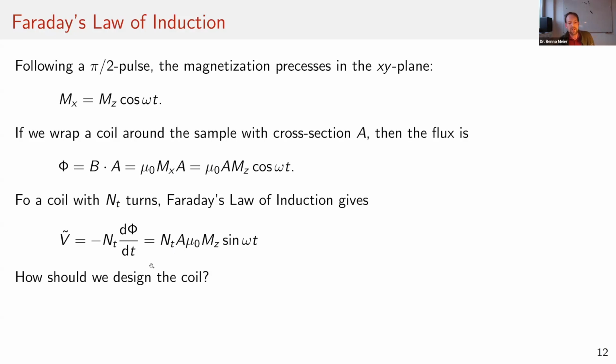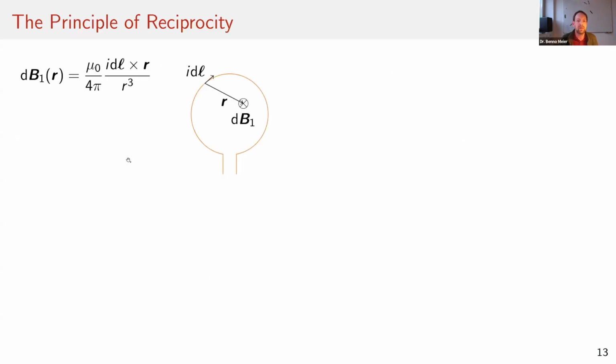Now the question is, how should we design the coil so that the signal to noise becomes maximal? Here there's nothing about the noise, but we see in a moment that we always have noise when we have a conductor. For that we look at this principle of reciprocity.